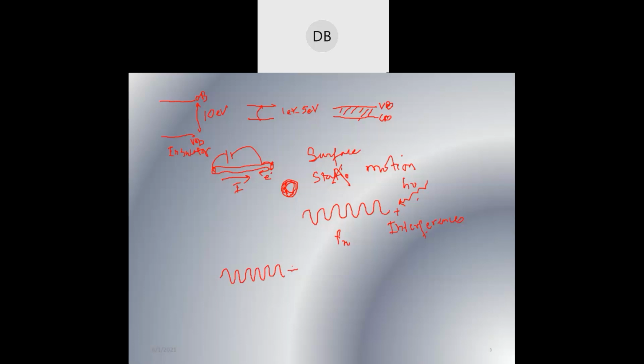Then it comes across another signal with maybe a different frequency, and the result may be that the combined effect might give it a much higher intensity.